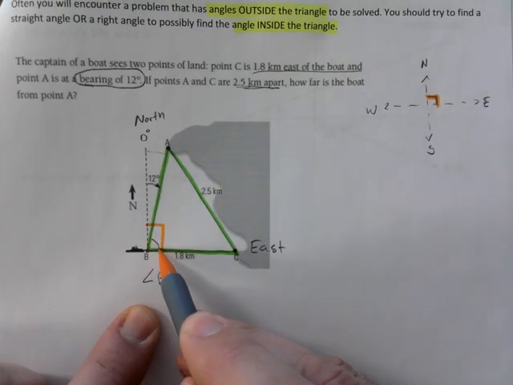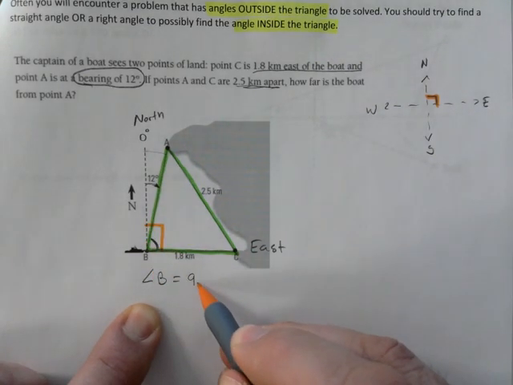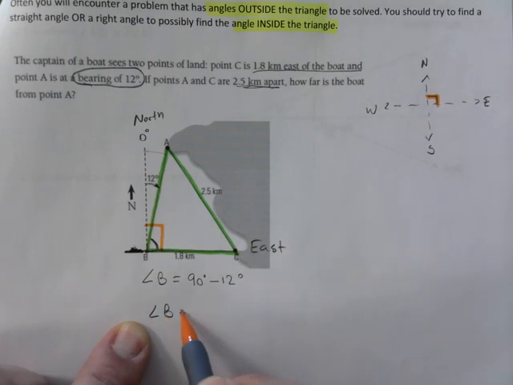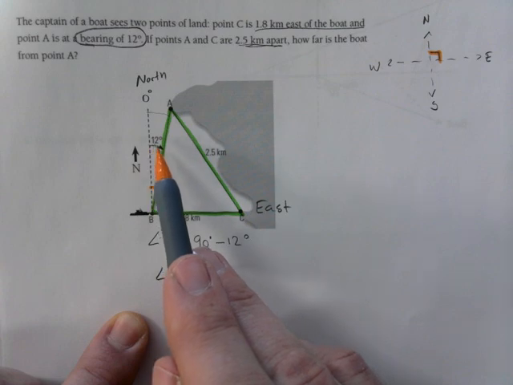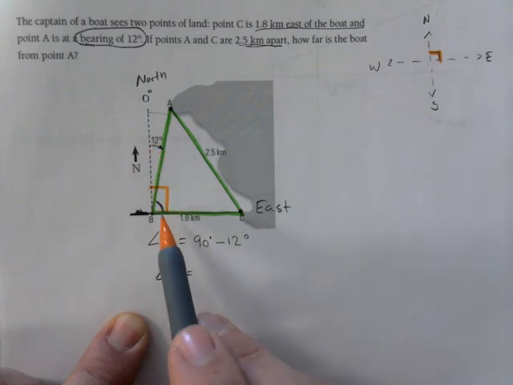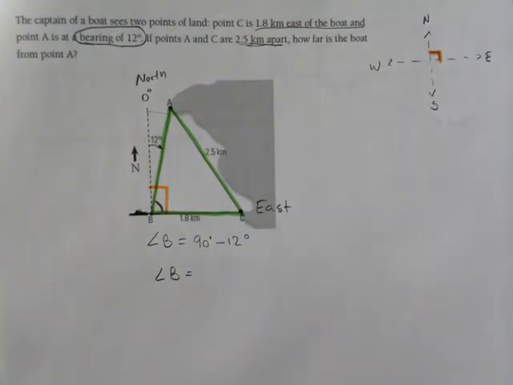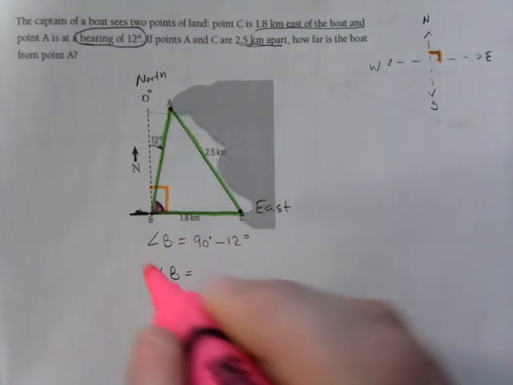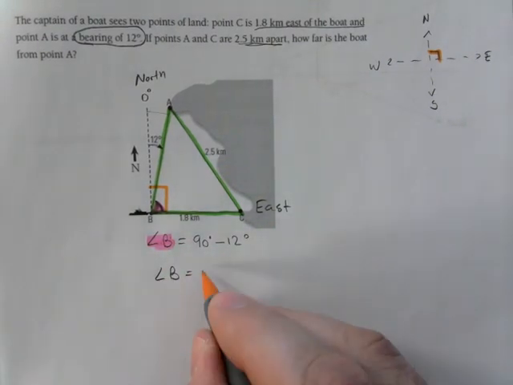This angle on the inside of that triangle: we have 90 altogether, and we will subtract 12 degrees from it. Does that make sense what I just did there? I took that 12 degrees away from 90, and that leaves me that little sliver here. I need to highlight this little chunk, because that is angle B, which I'm going to find to be 78 degrees.